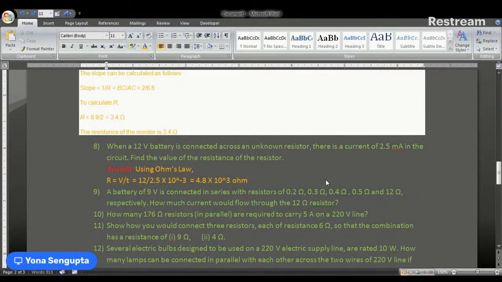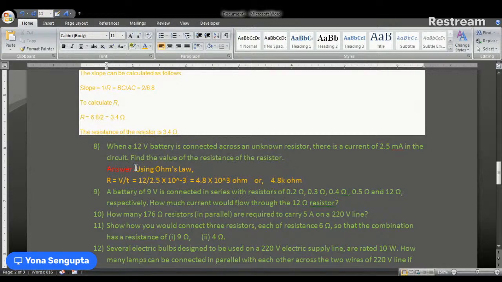Or what you can write, you can write either this, or you can write 4.8 kilo ohm. You can either write 4.8 into 10 to the power 3, or you can write this.